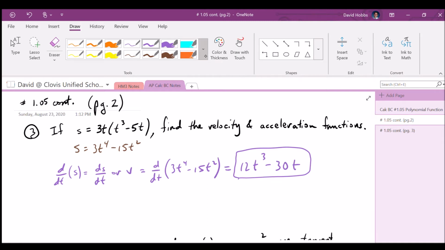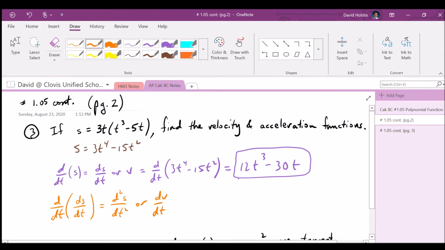Remember that we're doing the derivative with respect to time of the velocity, or the second derivative of the position function with respect to time, or dv dt, or acceleration.